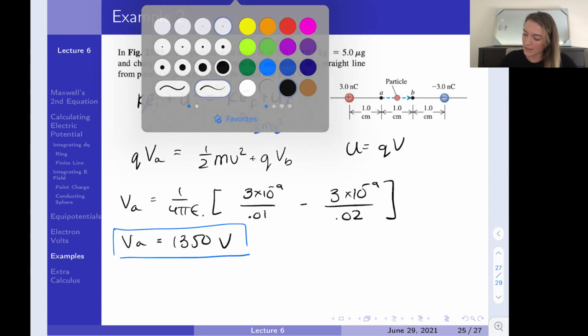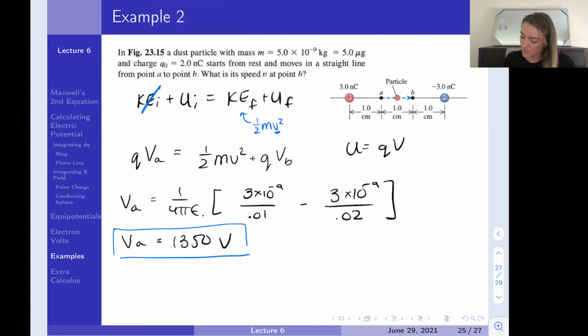And now we're going to do the exact same thing for the potential at point B. We've got from that positive charge, now the distance from the positive charge to point B is 2 centimeters.